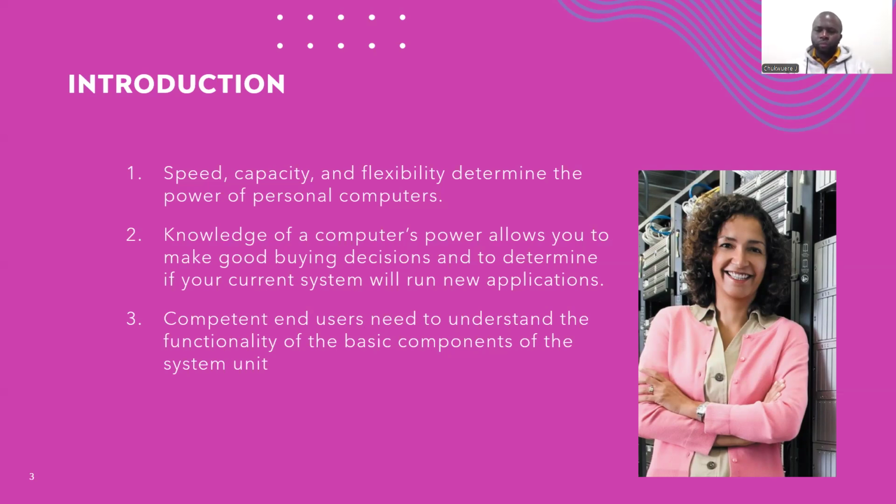Be it your personal computer or all the rest of the different kinds of computers, they have these determinant factors. And the knowledge of a computer's powers allows you to make good buying decisions.